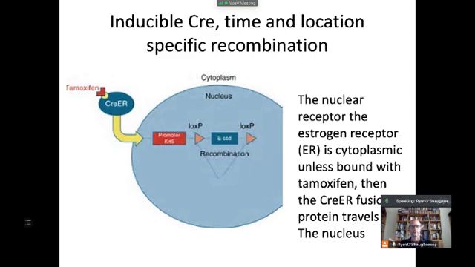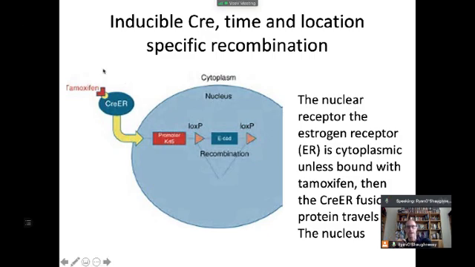What we can do with Cre-ER is use a nuclear receptor called the estrogen receptor, which is a fusion protein to the Cre recombinase, and this allows control of the subcellular localization of Cre. So without tamoxifen, Cre-ER is in the cytoplasm.